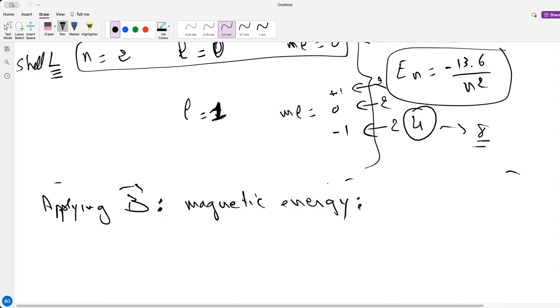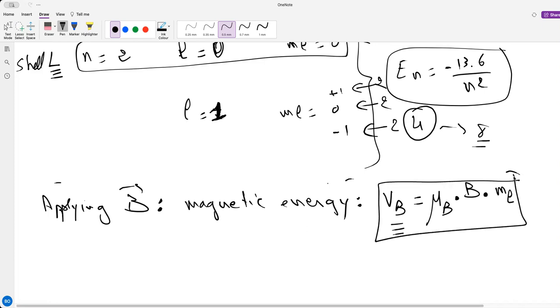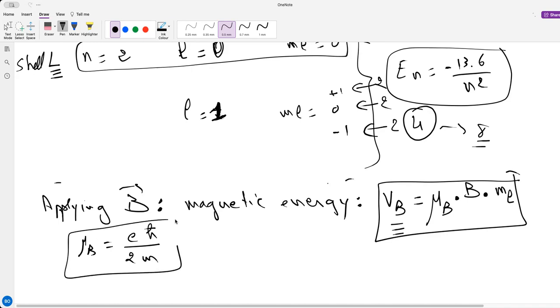This magnetic energy is equal to a constant called the Bohr magneton, times the strength of the magnetic field, times ML. That's why it's called the magnetic quantum number. Now, mu B is just a value. It's equal to the absolute value of the charge of the electron, times h bar, divided by 2 times the mass of the electron. This will be given.